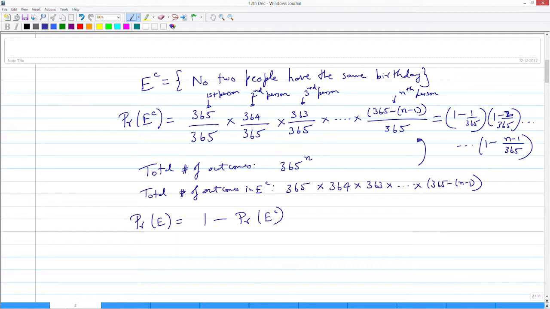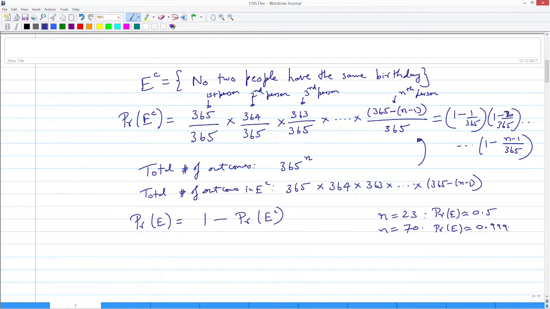You write it like this, do the multiplication and find the probability, and you will see, surprisingly, for n equals 23, the probability of E is roughly about 0.5, and for n equals 70, the probability of E is roughly about 0.999.